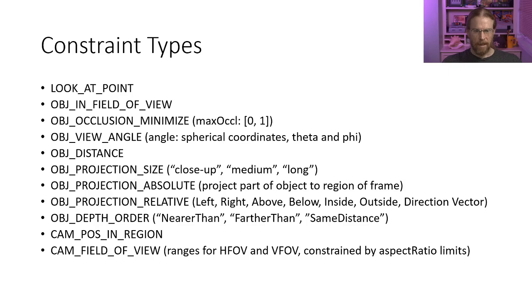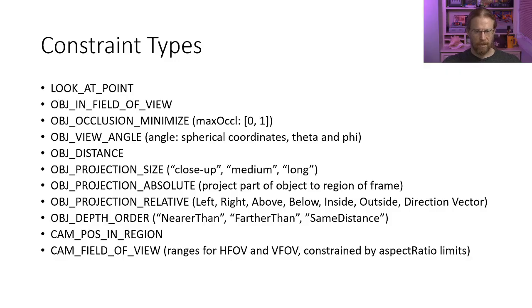Then there's object occlusion, minimize, and maybe you prioritize and deprioritize at different points of the game. Object view angle, object distance, object projection size. This would suggest how much of the screen it fills up, at least in an indirect sort of way. Projection absolute or projection relative.